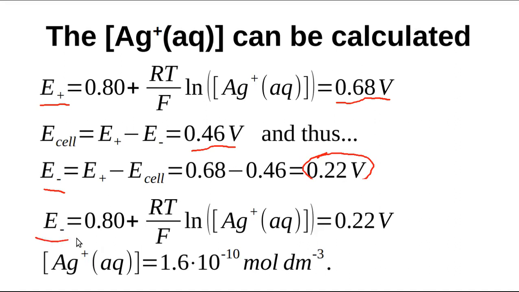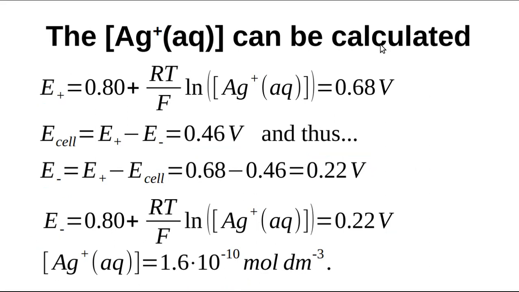Then we apply that to the Nernst equation. 0.22 equals the Nernst equation. The Nernst equation must be valid for the left beaker, and it is valid also for the right beaker. So then we can calculate the silver ion concentration in the presence of chloride ions.